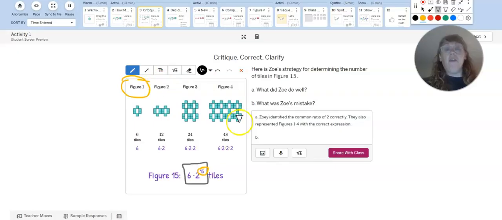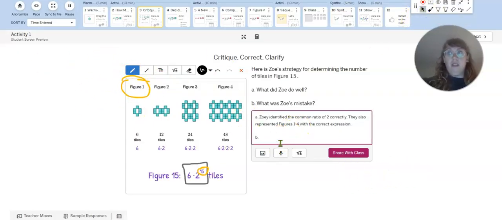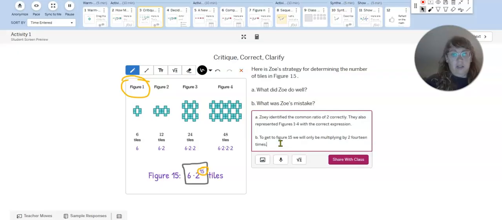We're going to multiply it 14 times because we're already at figure 1. So to get to figure 15, we will only be multiplying by 2 14 times, not 15. If we multiplied this 15 times, we would end up at figure 16.